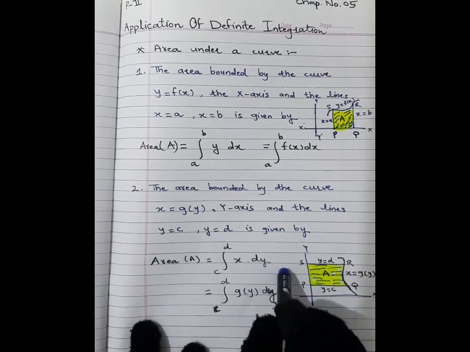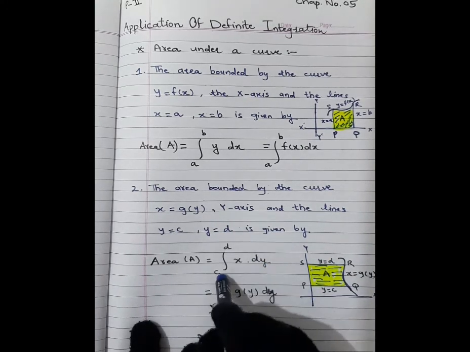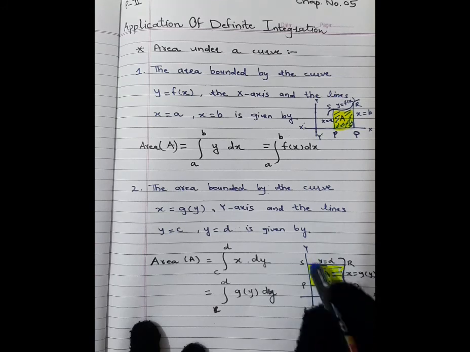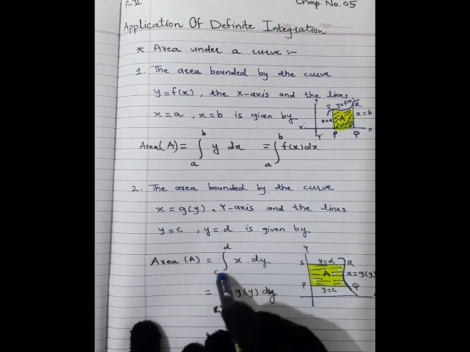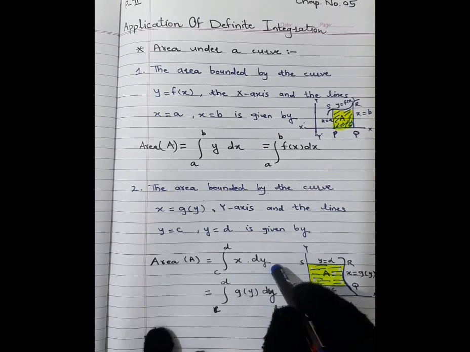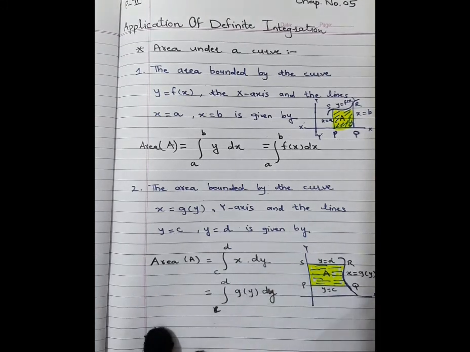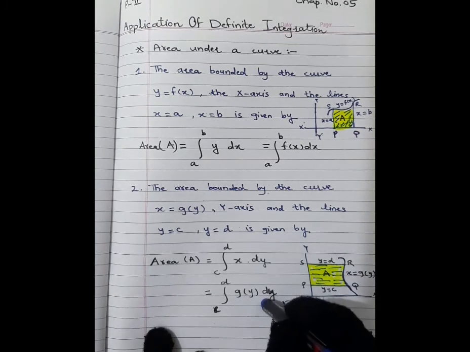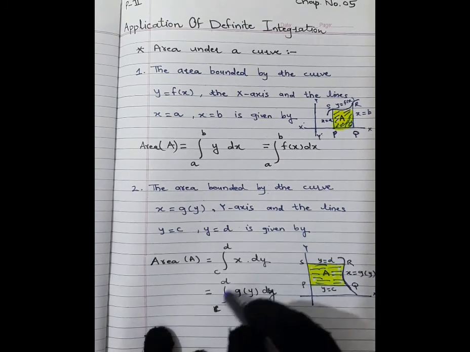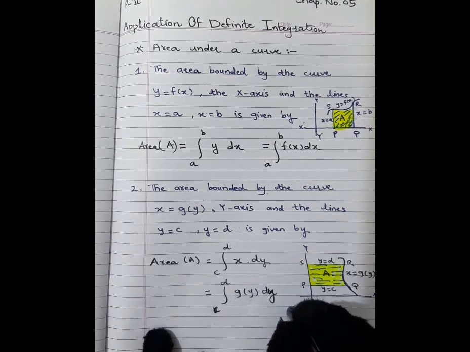And what is c to d? The y intercepts are c and d. So we'll write the integral from c to d of x dy, and after that substitute x with the curve g of y. So we'll write g of y dy. The integral from c to d of g of y dy.